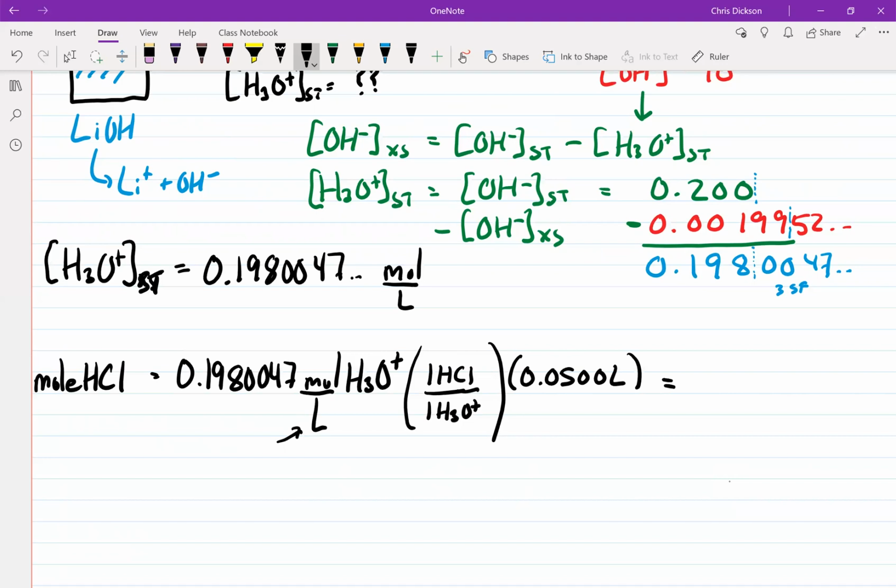So if I times this through, I take my original number, it's 1-to-1, and then times it by the volume of 0.05, I get, now it should be 3 sig figs here, 9.90 multiplied by 10 to the minus 3 moles of the acid HCl. If it asked for grams, then you would just times it by the molar mass, which I think is like 36.5 or something like that.